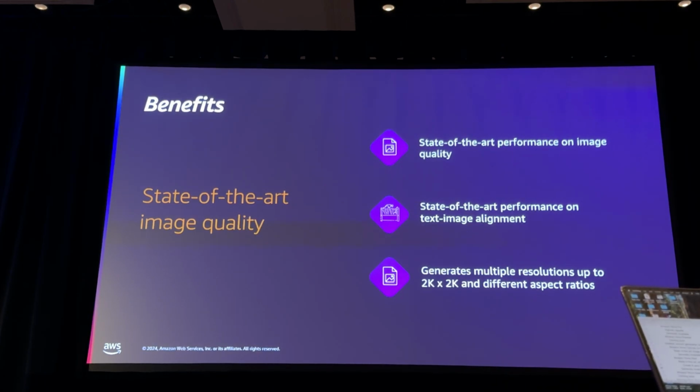We do that on both automated and human evaluation. And as I said before, it supports 2K by 2K images, any aspect ratio between 1:4 or 4:1, where the total pixels are less than 4.2 million.